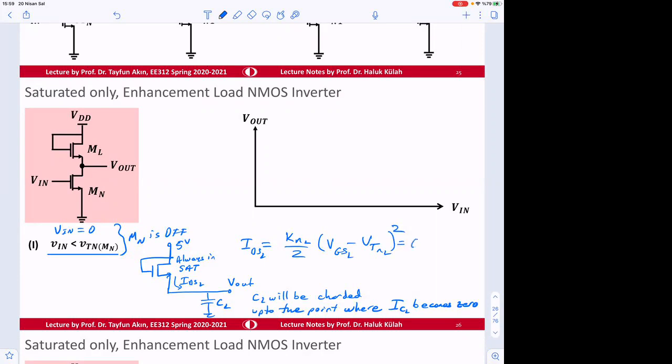If this is equal to 0, what is this voltage, gate to source? It is equal to VTN, VTN of L, right? Yes. Okay, great.